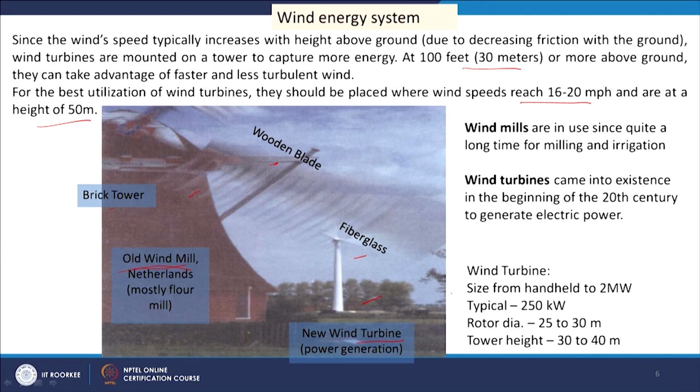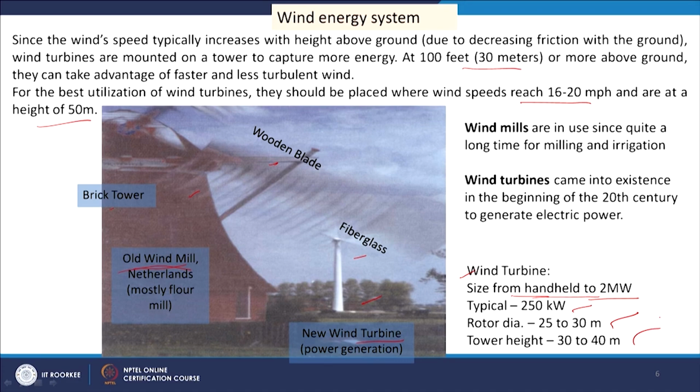Now, we see the wind turbine sizes. From handheld to 2 megawatt capacity wind turbines are available, and typical is 250 kilowatt, with a rotor diameter of 25 to 30 meters and a tower height of 30 to 40 meters.